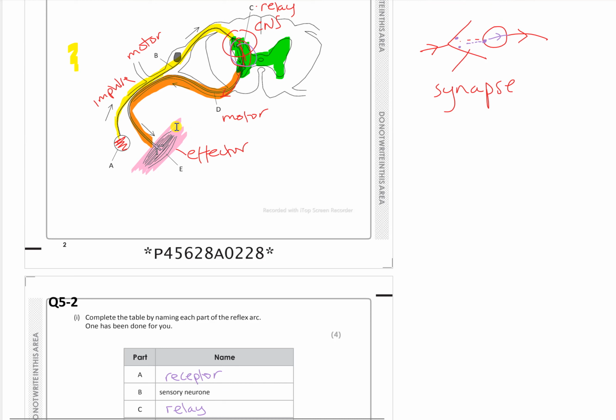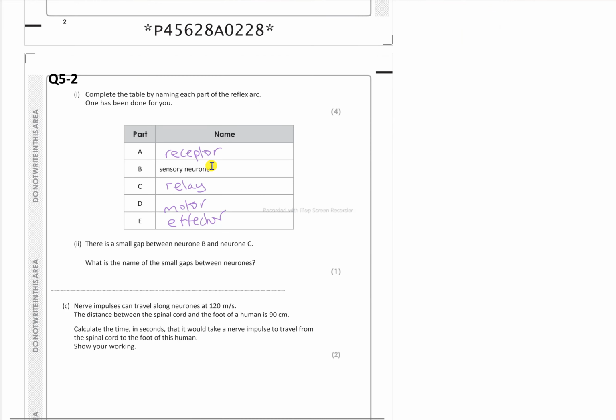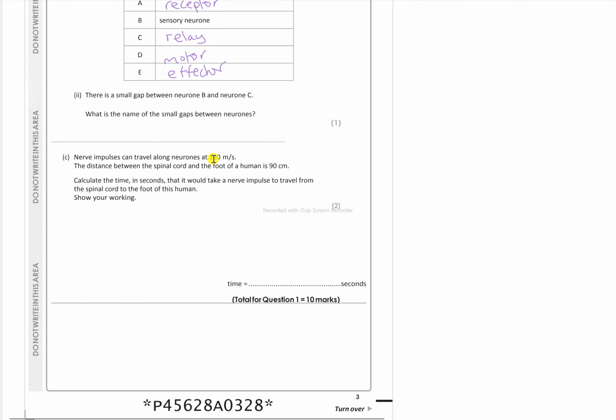That's that pink bit there. There's a small gap, we discussed that. What's the name of the small gap? It's called a synapse, or sometimes a synaptic cleft.